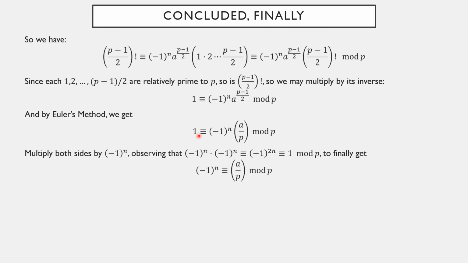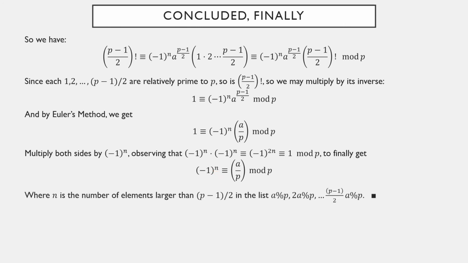So here we have it. If I multiply both sides by (-1)^n, I get it on the left, I cancel it off on the right, and we get the Legendre symbol (a/p) is equivalent to (-1)^n, where n is how many of the remainders of a, 2a, 3a, up to ((p-1)/2) times a are larger than (p-1)/2, and that's Gauss's method.